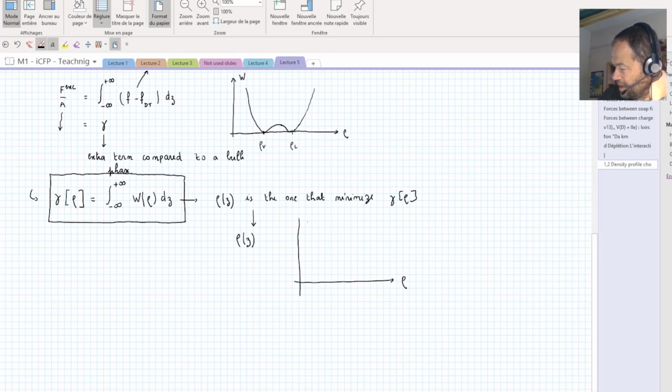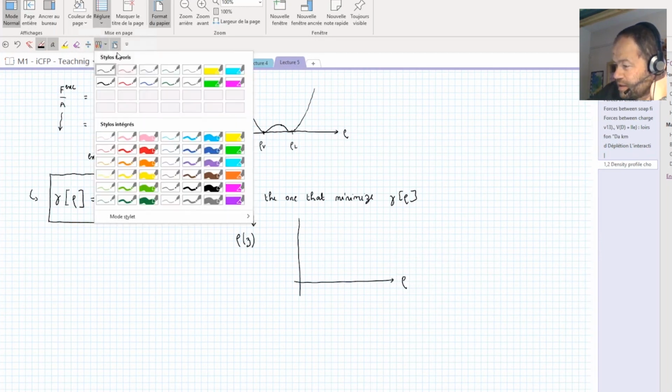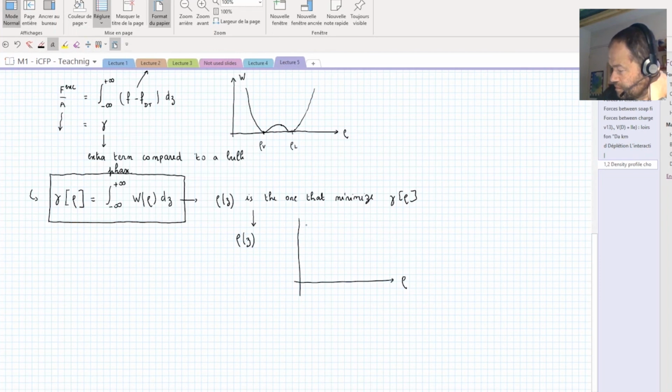If I take a profile of density which is this one, I will have gamma equal to 0.